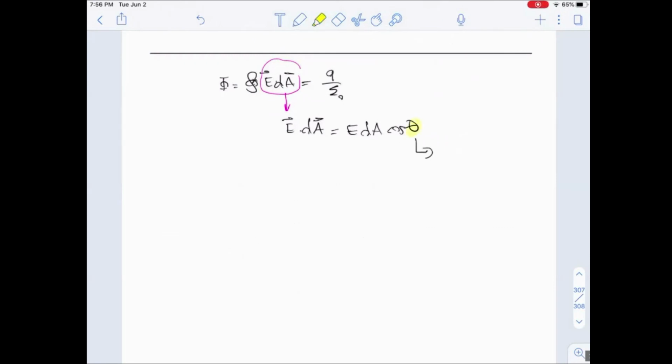This angle that you're looking at is going to be 180 degrees, right? So if that's the case, what is the cosine of 180 degrees? It's -1. Yeah, that's it. And the strength of the electric field is going to be constant. So here's your area vector. Because the angle is 180 degrees, you end up getting a negative. I'll transfer my negative to the charge.